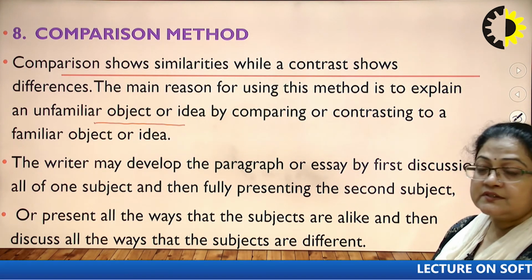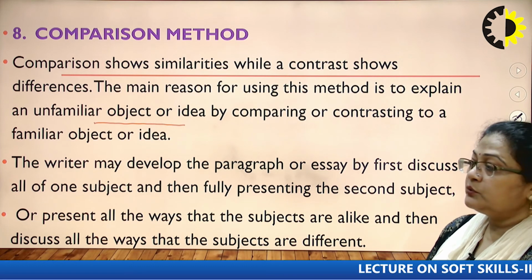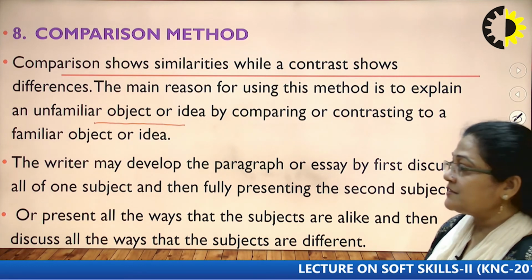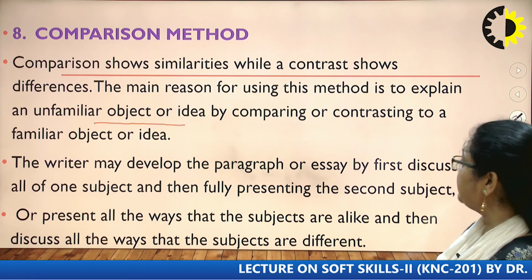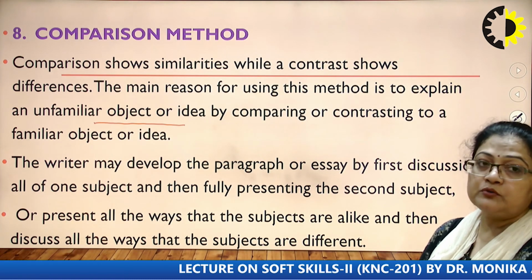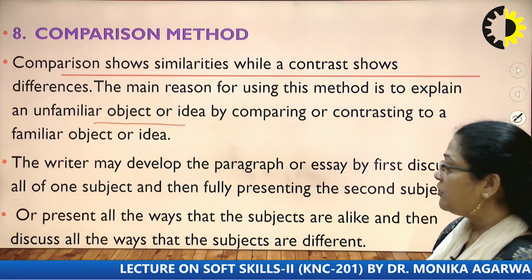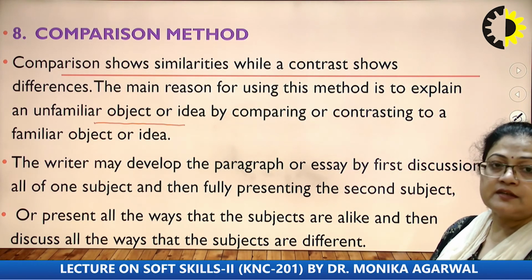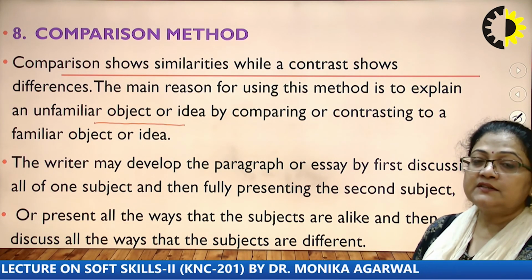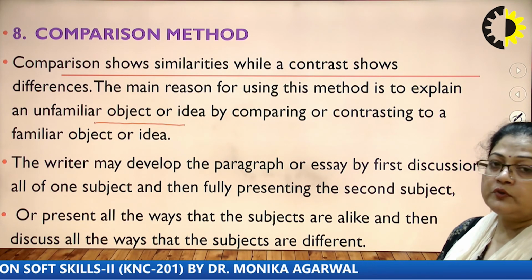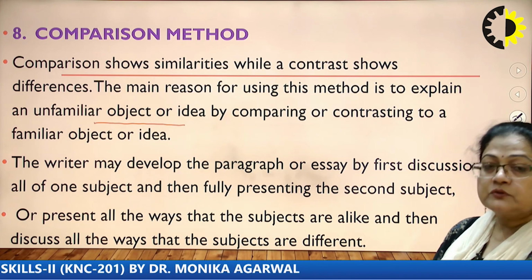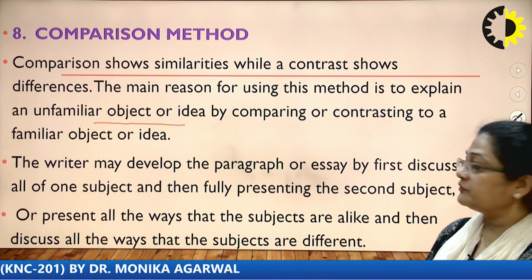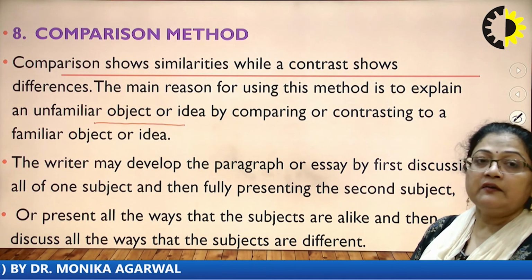So, this contrast method can be used in many ways. The writer may develop the paragraph or the essay by first discussing all about one subject and then fully presenting the second subject. So, here the comparison and contrast is left to the heightened imagination of the reader himself.